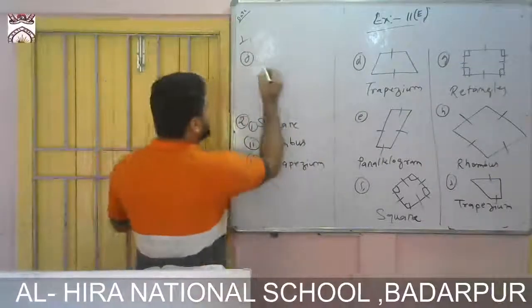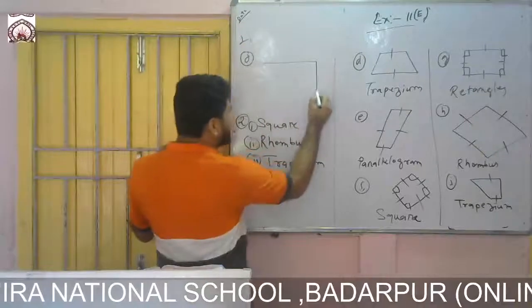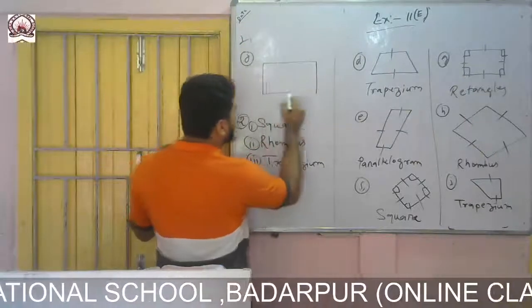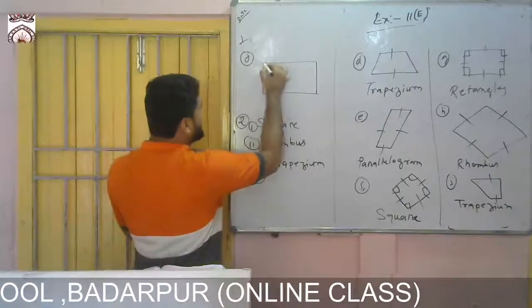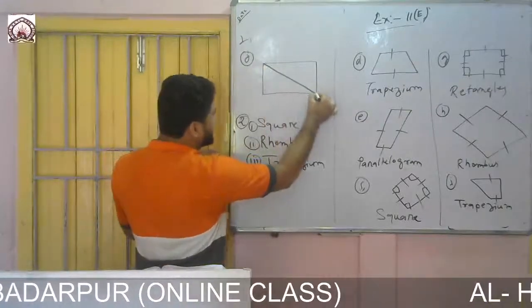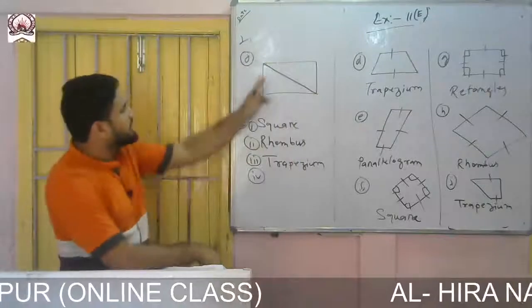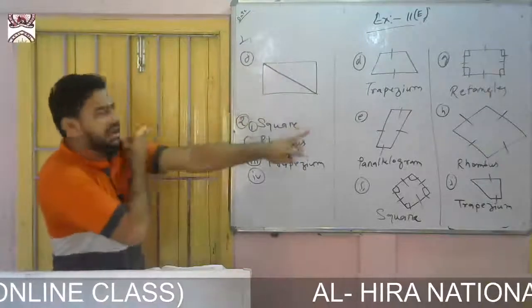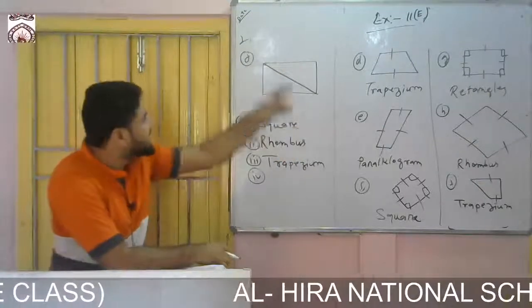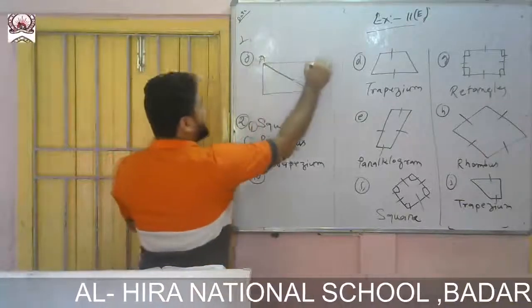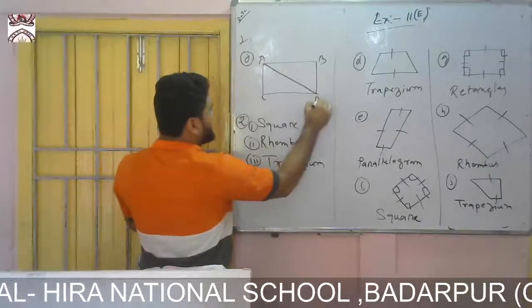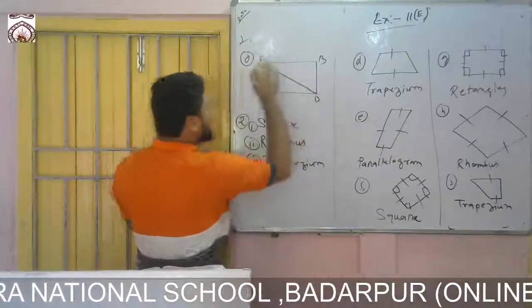Suppose this is a rectangle. If I join the opposite angles with a line segment, then this line segment is called a diagonal. If I write A, B, C, D, then AC is a diagonal of rectangle ABCD.